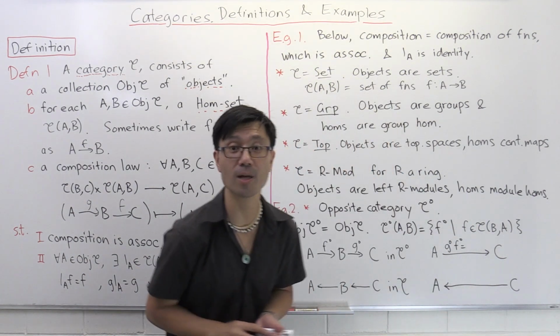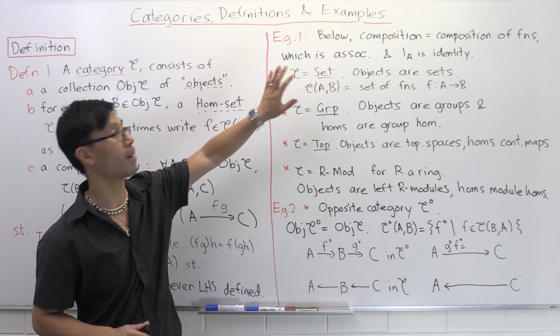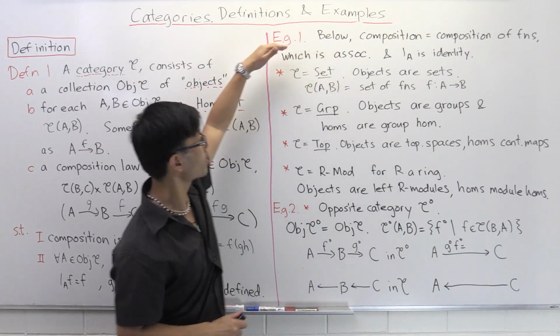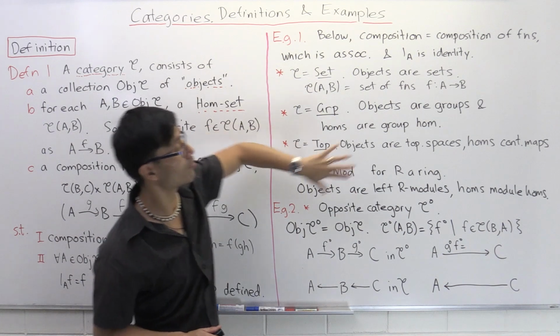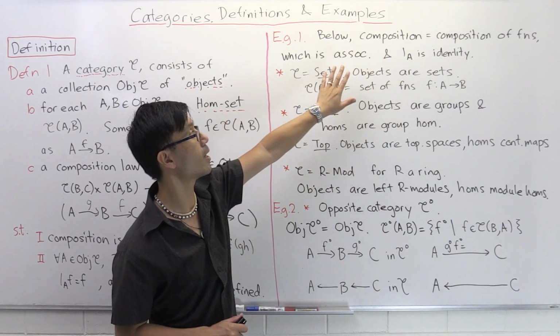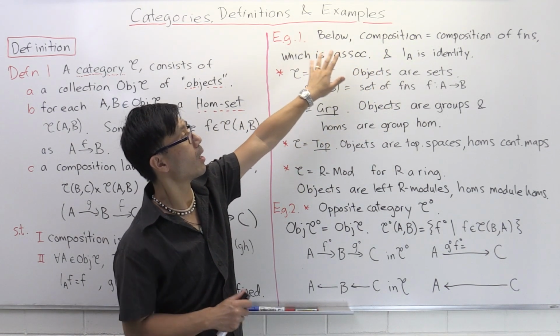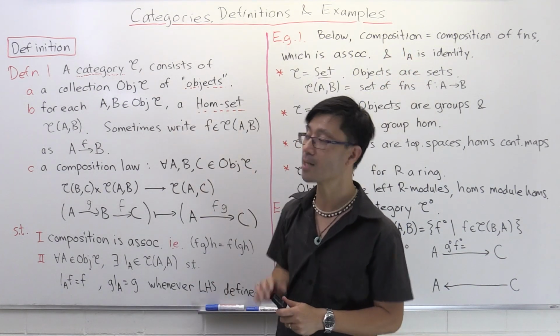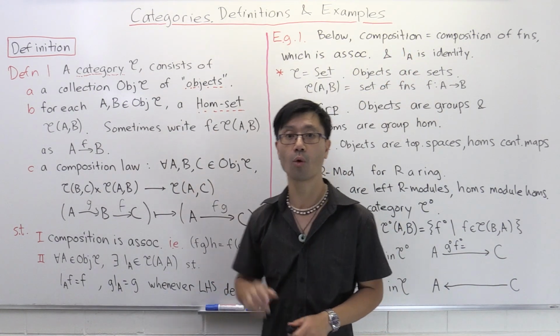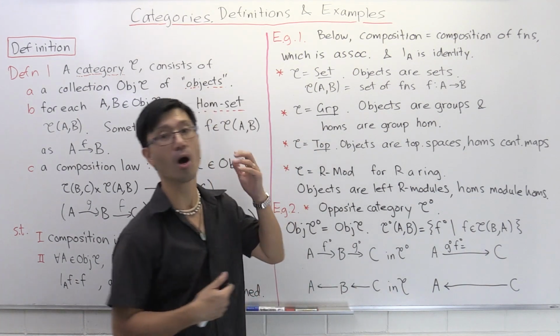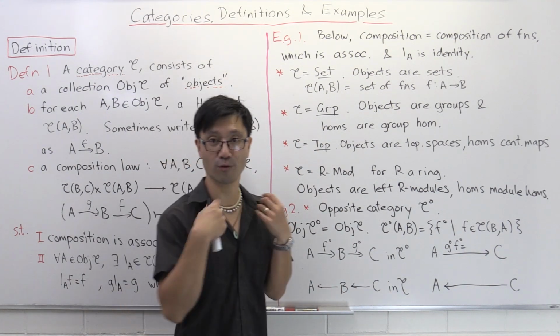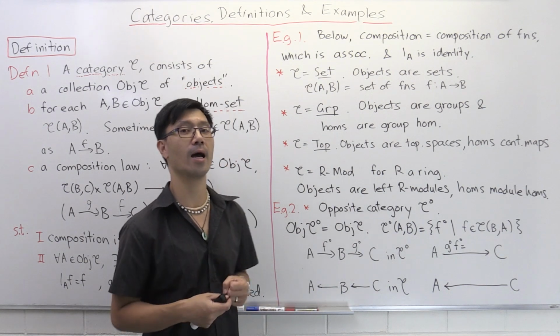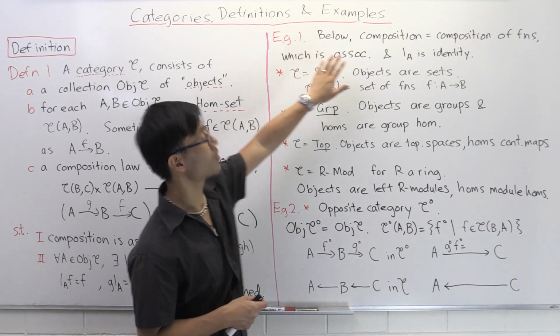Okay, so let's move on to some basic examples that are very common in mathematics. I'm going to give four examples in this first lot, which are fairly common. In all these examples, you're going to have to give these three pieces of data, and the composition law will always be composition of functions. So the HOMs will always turn out to be actual functions between sets, and the composition law will be just composing functions.